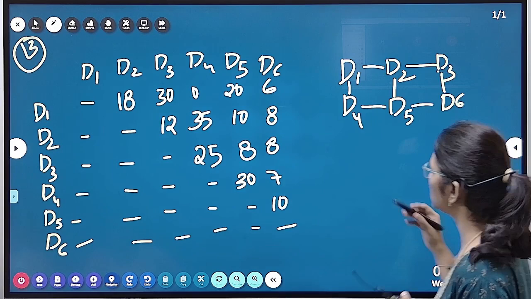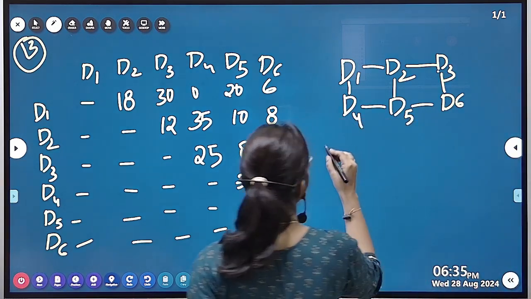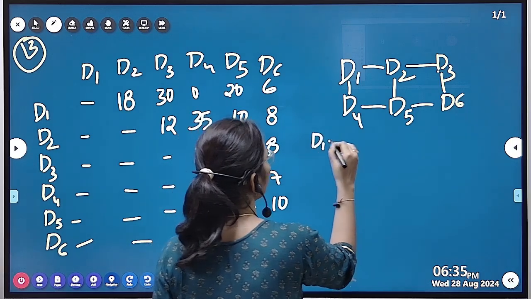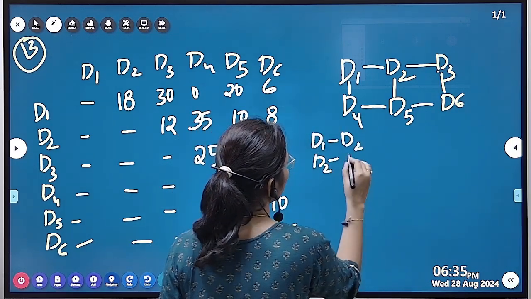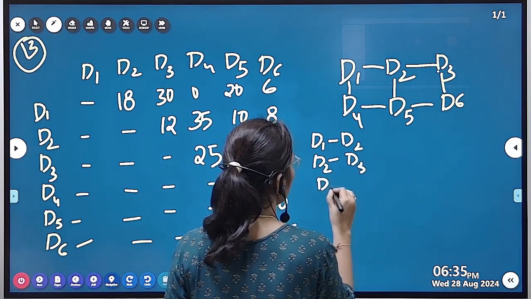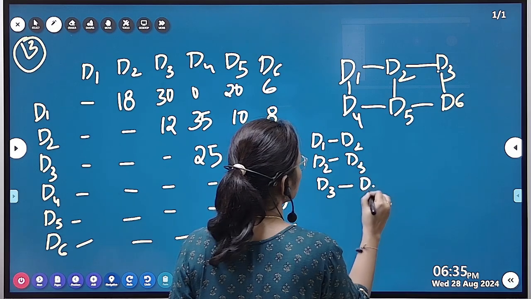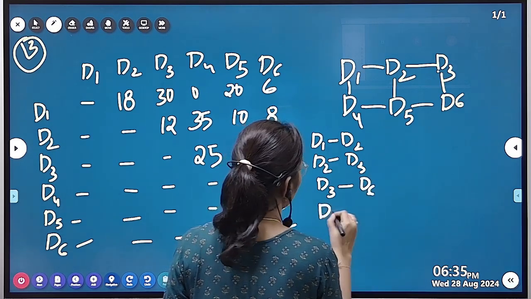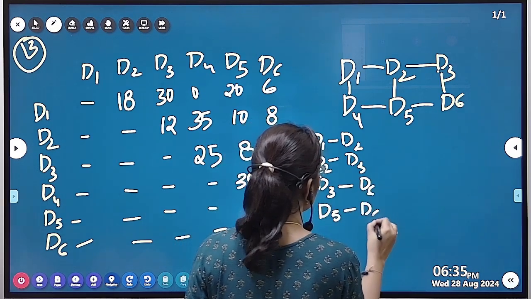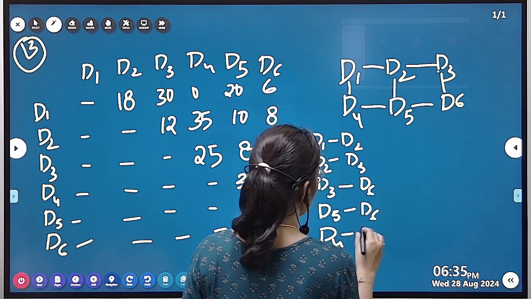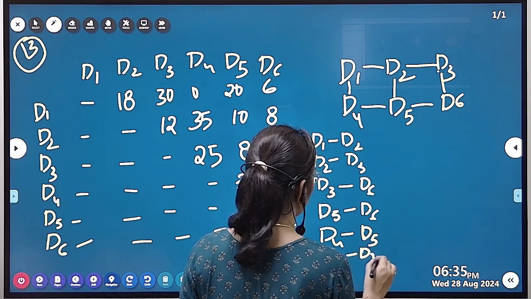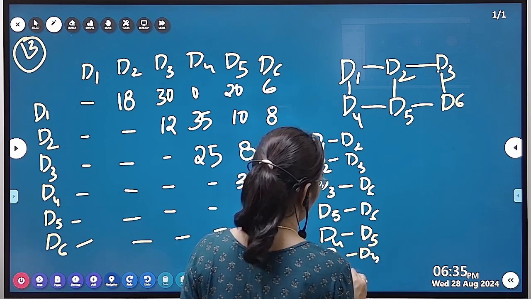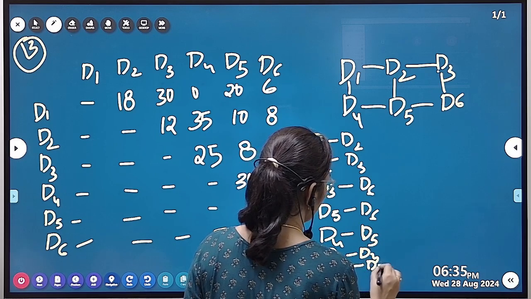So tell me the adjacent pairs. D1 to D2, D2 to D3, D3 to D6, D5 to D6, D4 to D5, D1 to D4 and D2 to D5.